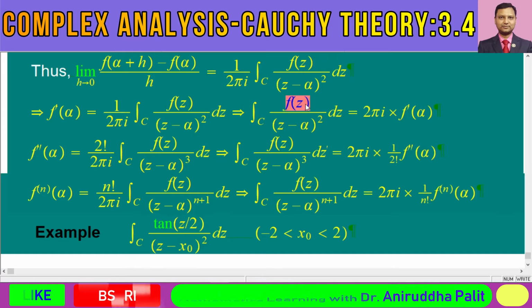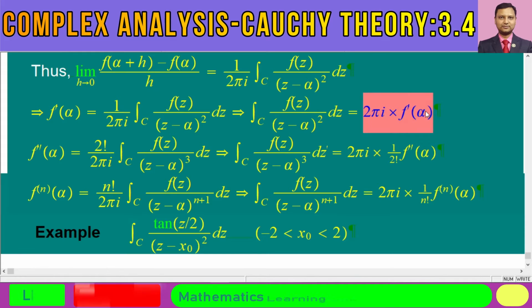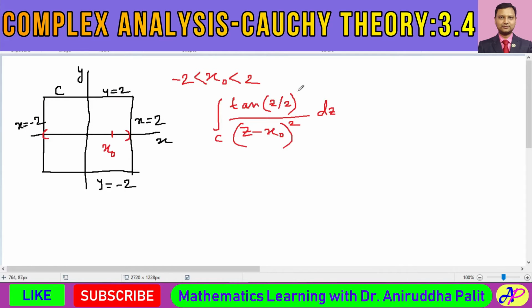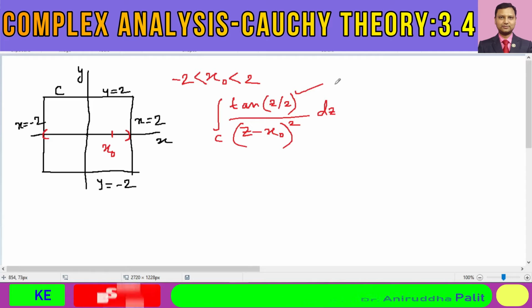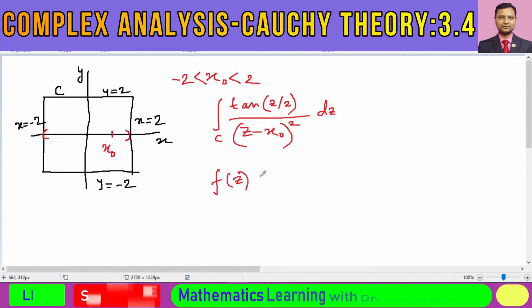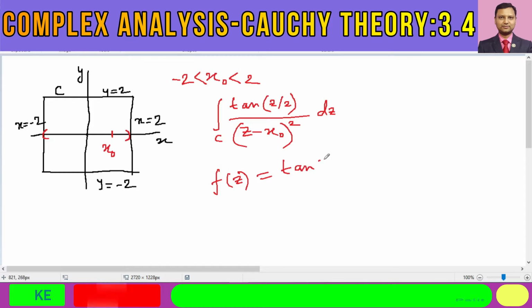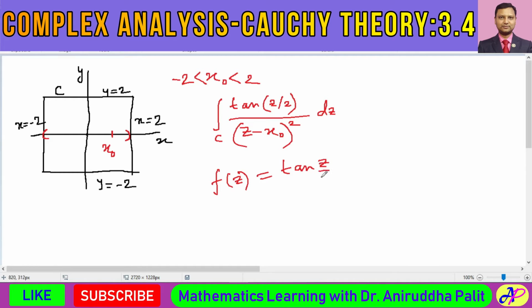So over here we need to identify f of z and apply the formula. Clearly, the expression in the numerator can be considered as f of z equal to tan of z by 2.